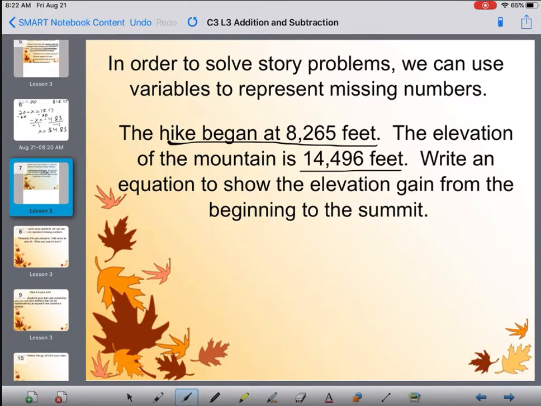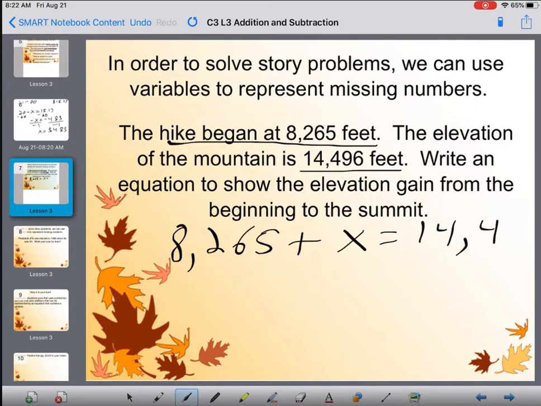All right, so let's see here. It looks like they started here at 8,265 feet. Then they went up some distance and finished at 14,496 feet. So all we do is take away 8,265 from each side.